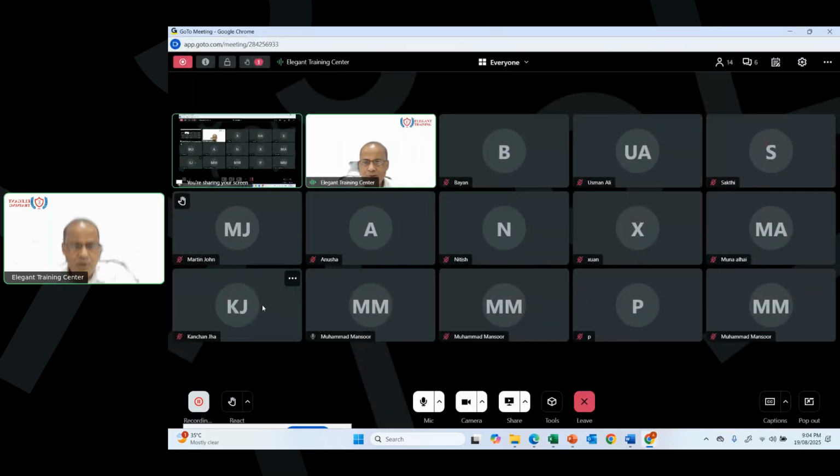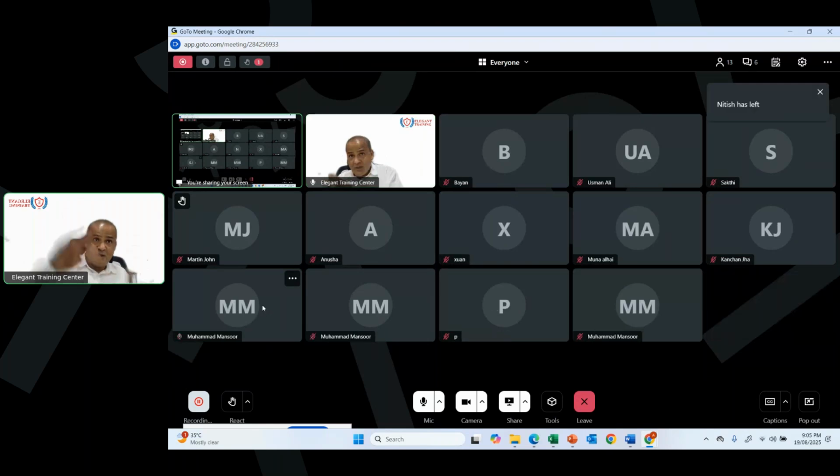So we have now come to the end of the session today. Chapter 1 is a very long chapter. Rather than a long chapter, I would say the first chapter should be our foundation, and it should be completely clear, because this knowledge we will carry forward. So chapter 1 is very important.